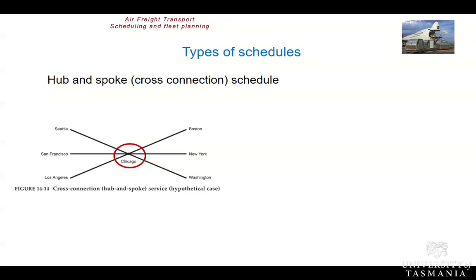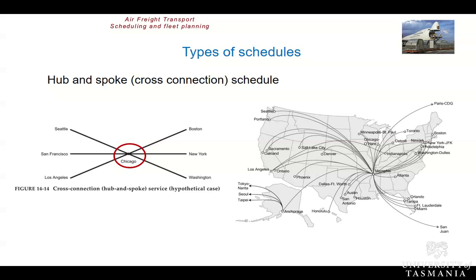So you can see here the hub is Chicago, and you've got 6 different locations coming into that particular scenario. And any one of those flights can then move on to any of the other points. So you've got a lot more variety available to you. So that's I suppose, the classic example of the Memphis hub, which is the hub for the integrator FedEx. So as you can see, feeding in and then feeding out.